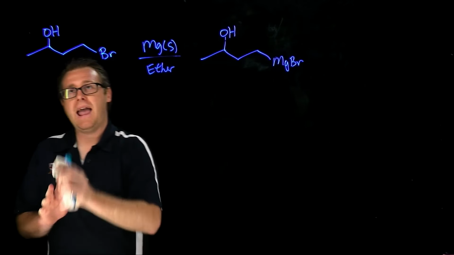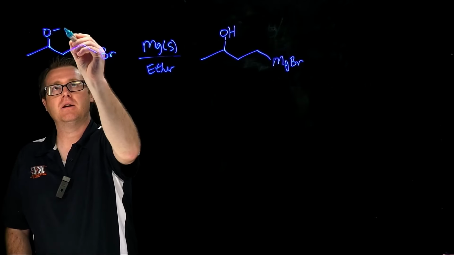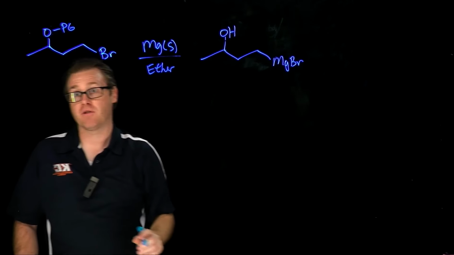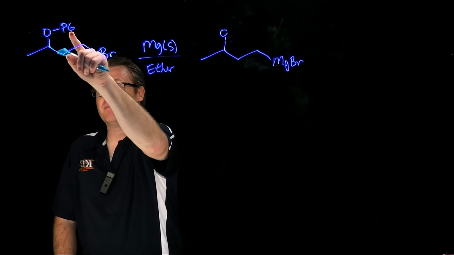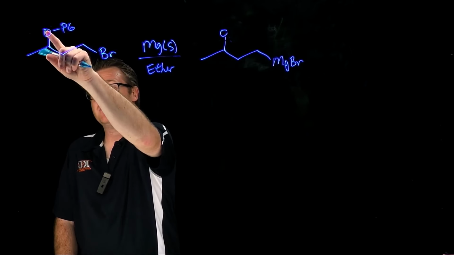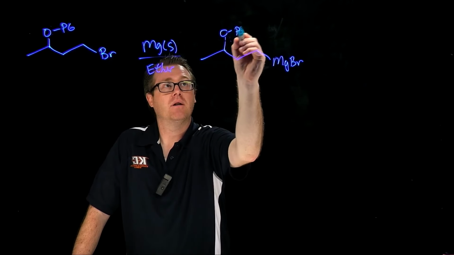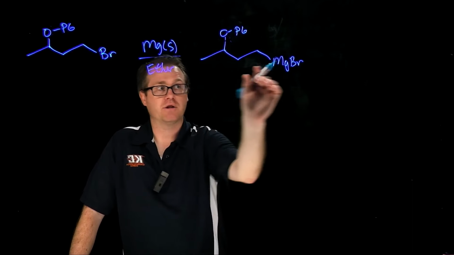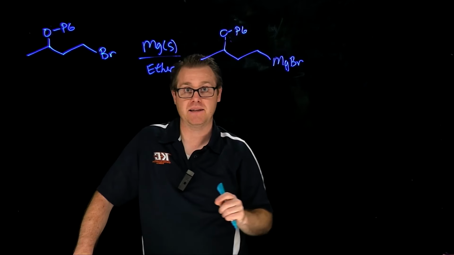So what we can do is attach something called a protecting group. I'll just go PG for protecting group. And if we have a protecting group on that alcohol, now it will be compatible with the Grignard. So this Grignard that we've just formed does not react with that species.